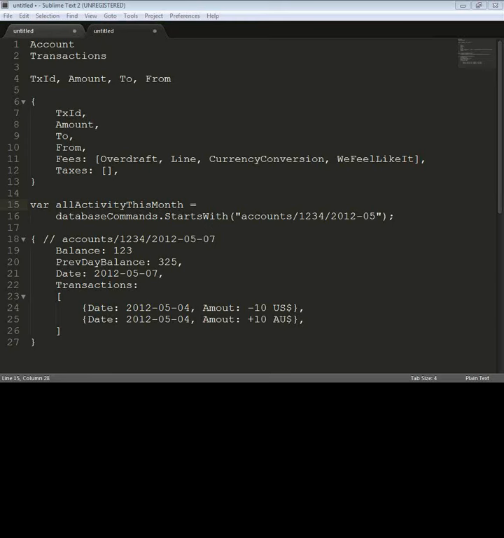So now you get into more interesting scenarios, because what you're actually going to see is the case where this is actually fixing a mistake. A bank transaction usually looks something like this.